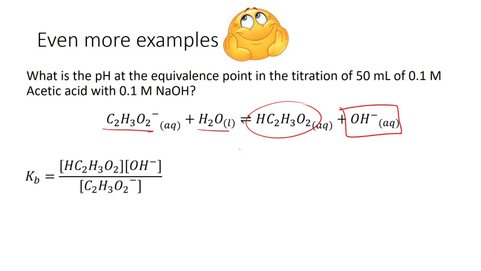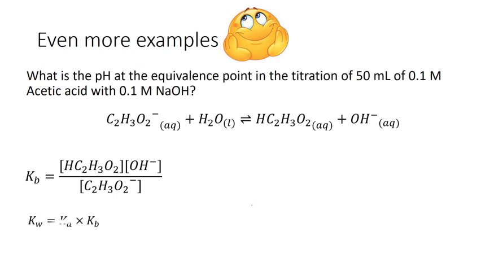So the first thing is to set up an equilibrium expression, which you will notice in this case is Kb, because we're looking at the base. We have our conjugate acid, our hydroxide, and our conjugate base all in there. And we're going to need to figure out Kb as a first step, remembering that Kw equals Ka times Kb, or Kb equals Kw over Ka.